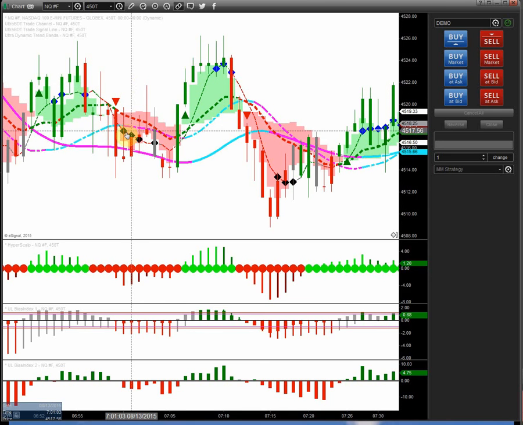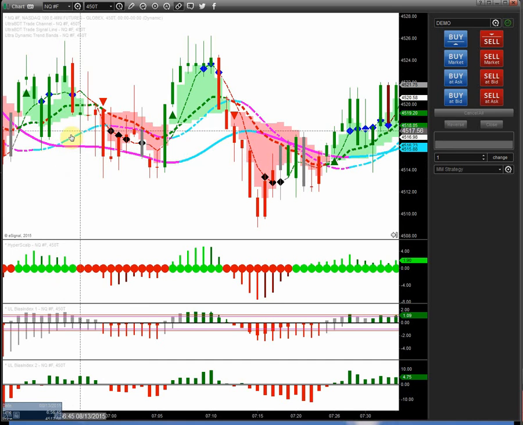So again, it wasn't an authorized trade, because number one, look, you've got the crossover, the dynamic trend bands basically giving more credence to the upside, and you're getting insanely radical whipsaw candles right here. Look at this one, 13 and a quarter to 19 and a quarter.